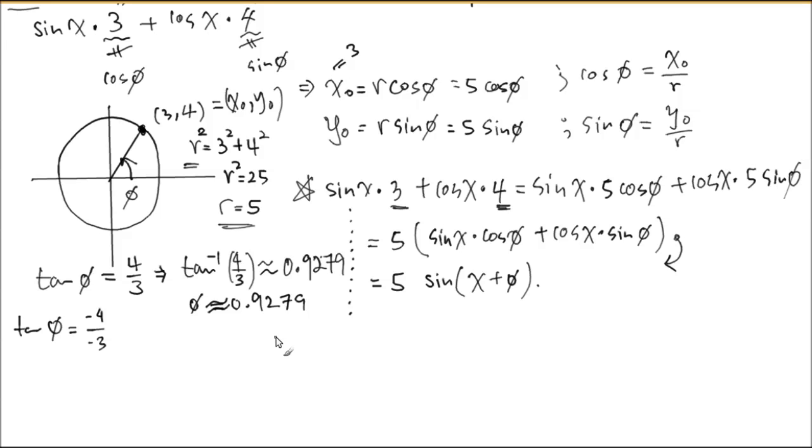Okay, so let me write down this answer here. We can't do this exactly, but I explained that it can be put into this form for this phi, and approximately, 3 times the sine x plus 4 times the cosine x is approximately 5 times the sine of x plus 0.9279.